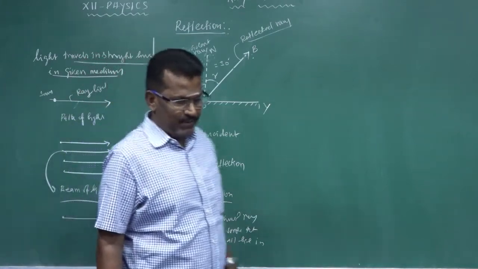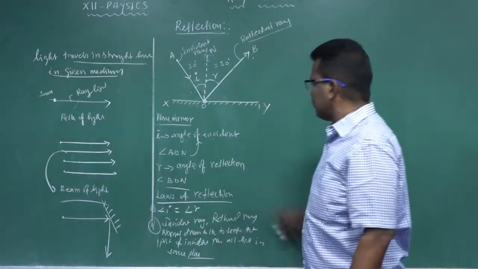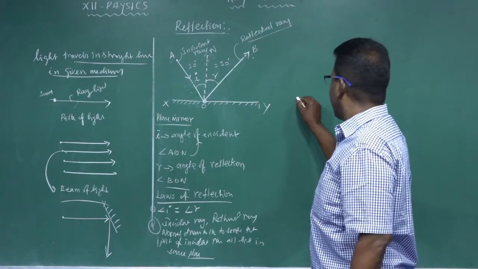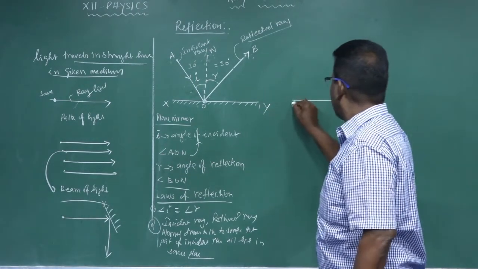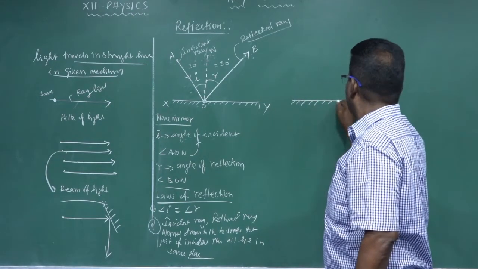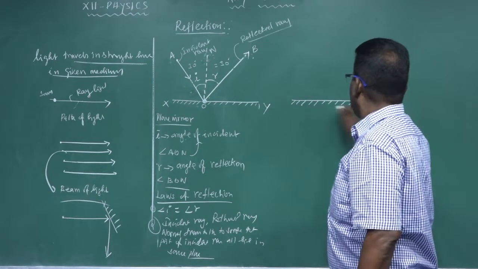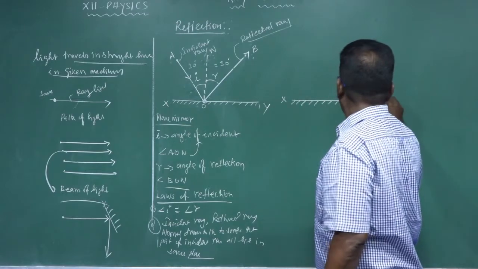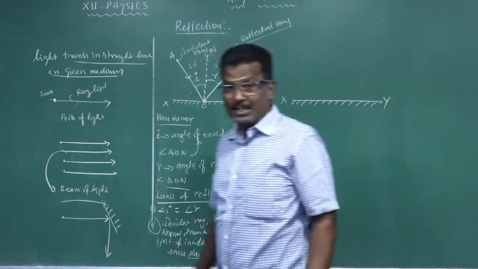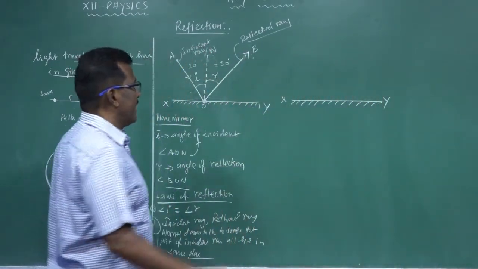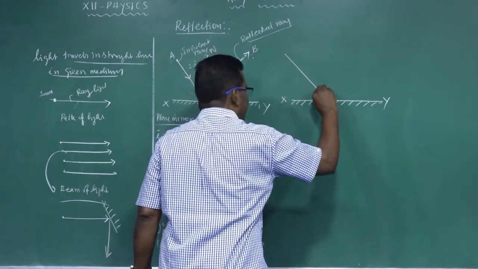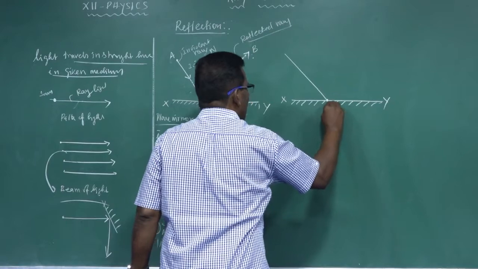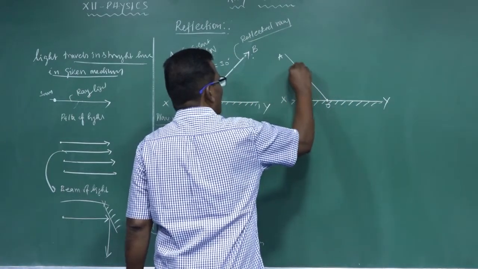This is the law of reflection. Suppose this is a plane mirror, XY. A ray of light coming from the source is incident at a point O; that is AO.